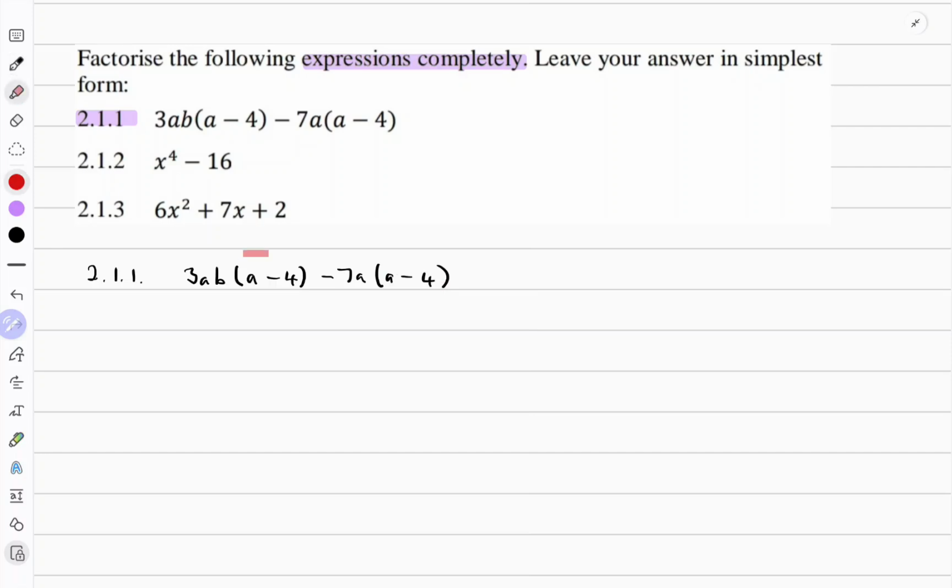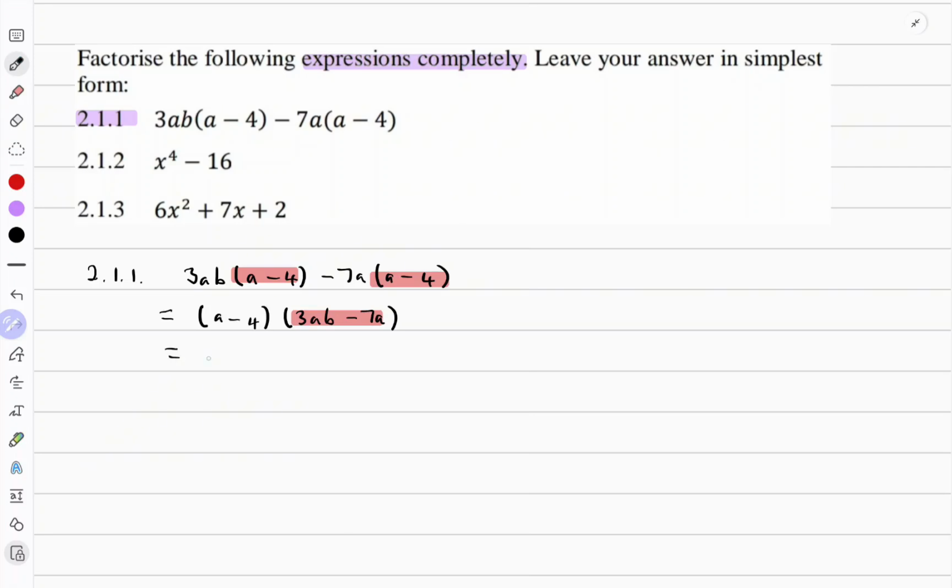And off the page you can see a minus 4 is a common factor. So you can factor that out. So you say it's equal to a minus 4, and you're left with 3ab minus 7a. And we can see in the second factor that a is a common factor in that expression.